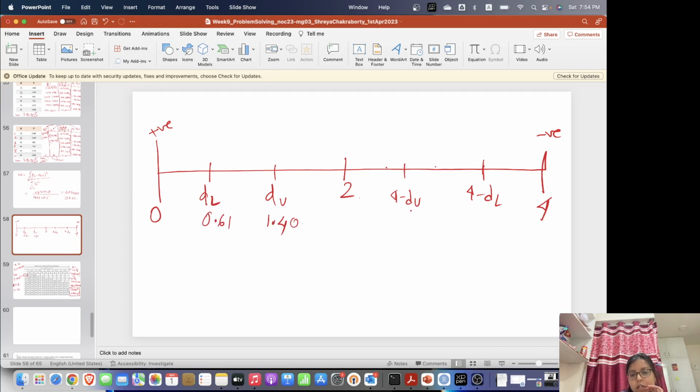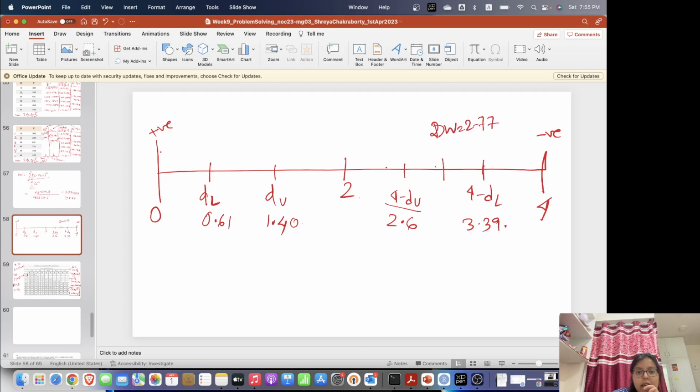So 4 minus du will be 2.6 and 4 minus dl will be somewhere close to 3.39, and our dw is 2.77.